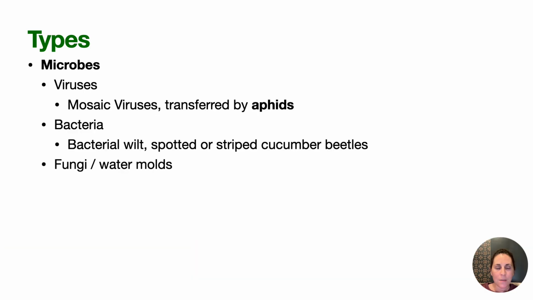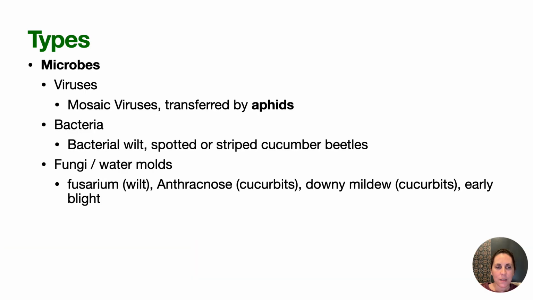All right, next up is fungi and water molds. This could be something like fusarium wilt, anthracnose, which infects our cucurbits, like our cucumbers and melons, downy mildew, which also infects our cucurbits, cucumbers and melons, as well as early blight, which can impact a whole bunch of different things.